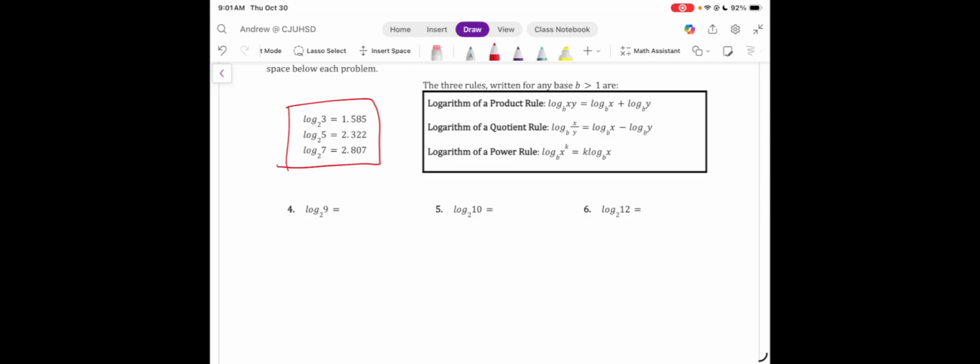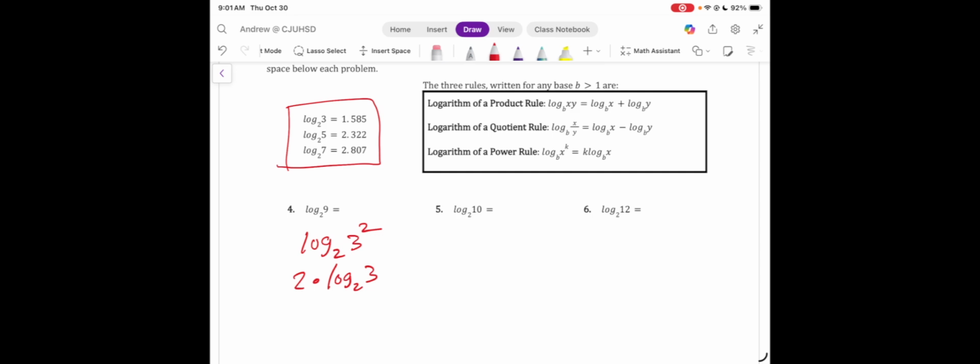And here's the puzzle. Log base 2 of 9, on problem number 4. Well, you can write that as log base 2 of 3 squared. And then you can bring the 2 out in front. It's 2 log base 2 of 3.